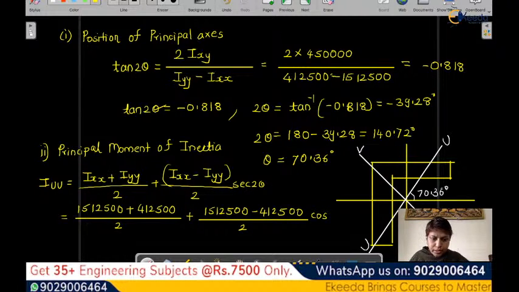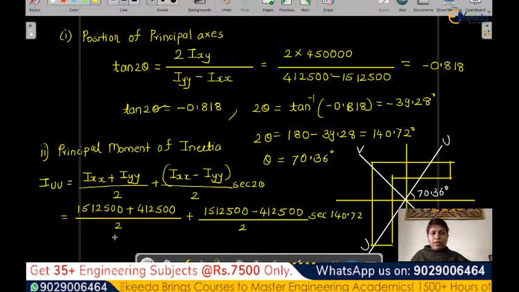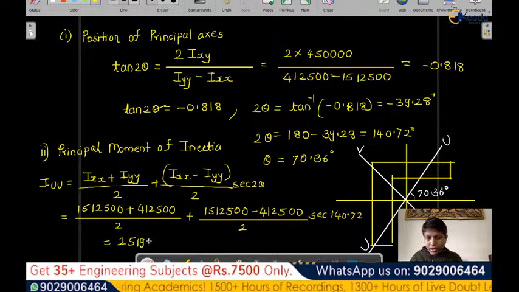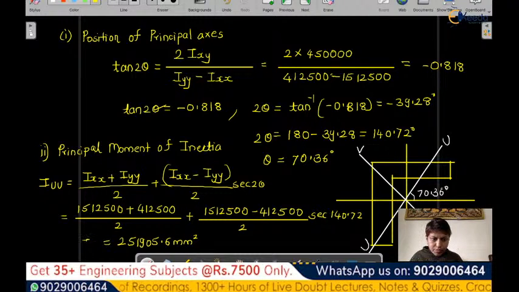Here it is sec, not cos, sec 2 theta, that is 140.72. This answer we are getting as 25,190. Please use a calculator and get the answer. As per my notes, this is the answer I have.